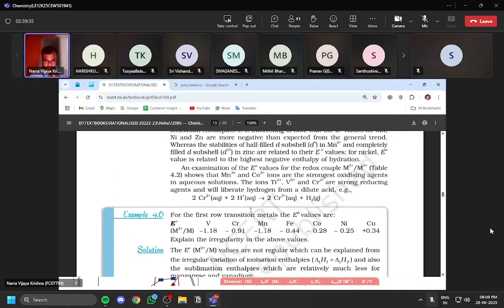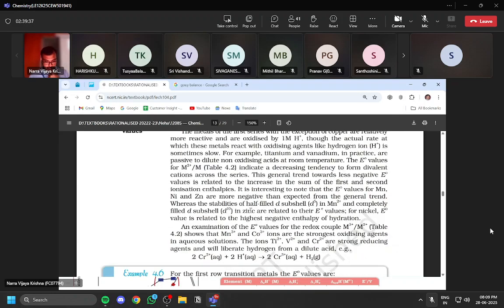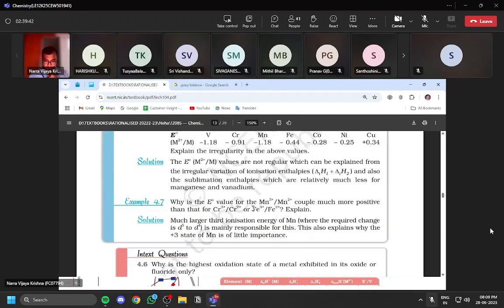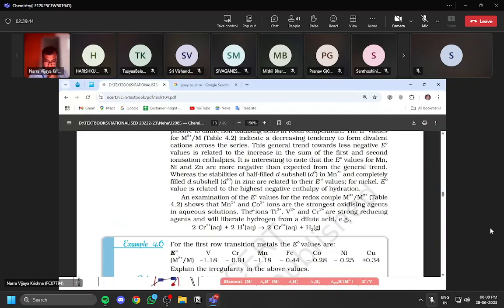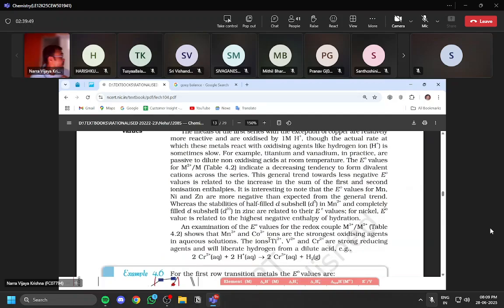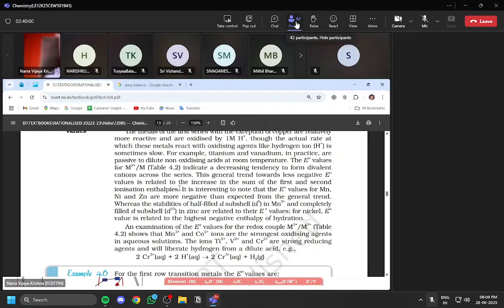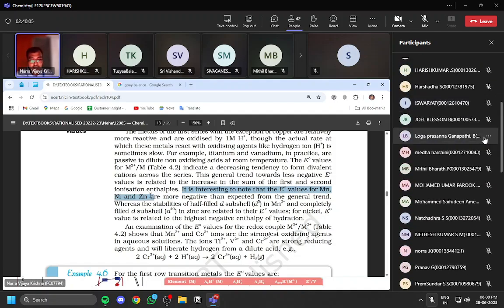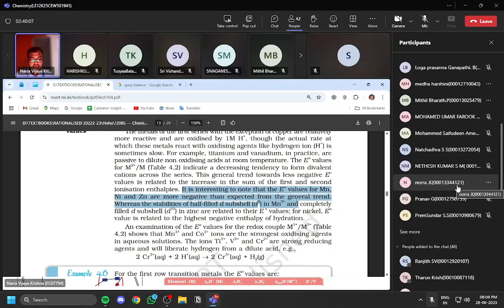All these points are over. Now, see this point. It is interesting to note that E0 values for manganese, nickel and zinc are more negative than expected.